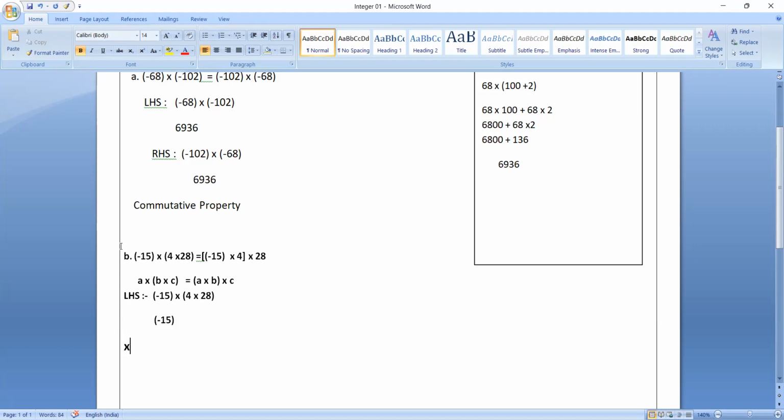My dear students, you have to calculate by your own. You know what will be the result when we multiply 28 into 4. 4 8 is 32, carry 3, and 4 2 is 8, and 3 makes 11. So this will be 112.